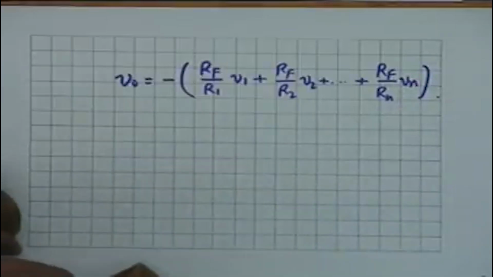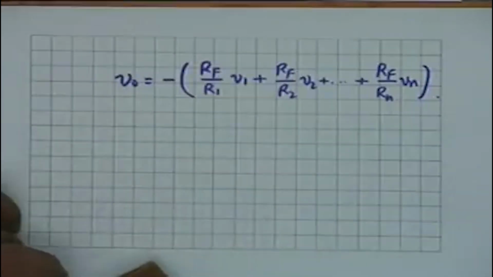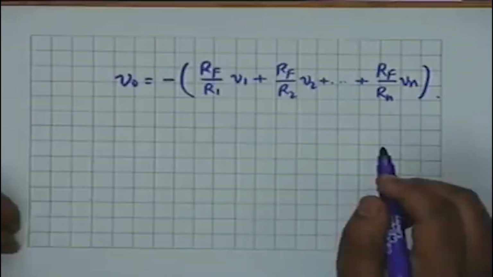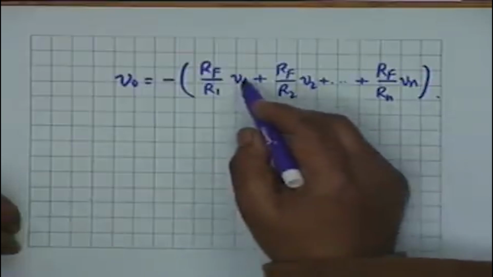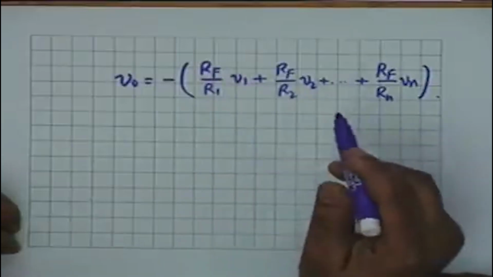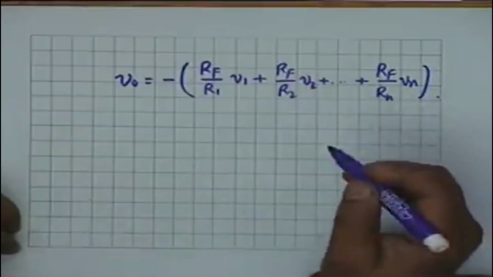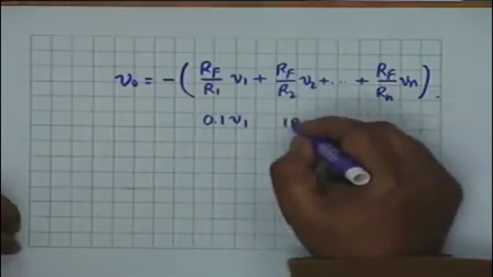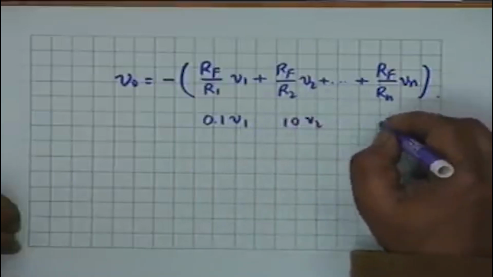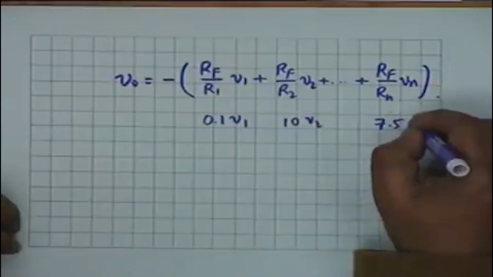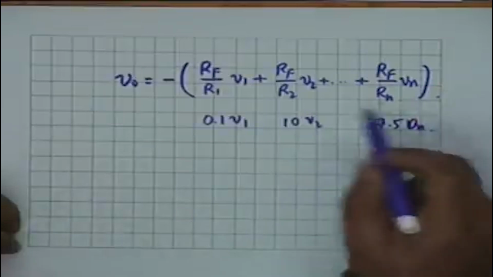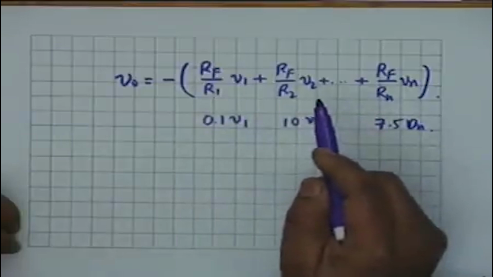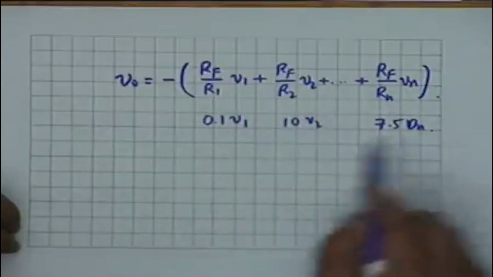And you see that this is not a simple addition, this is a weighted addition of various voltages. V1 is weighted by Rf by R1, V2 by Rf by R2. For example, you may want 0.1 V1 to be added to 10 times V2 to be added to, let us say, 7.5 times Vn. Then you choose an Rf and you choose R1, R2, Rn such that you get these factors.